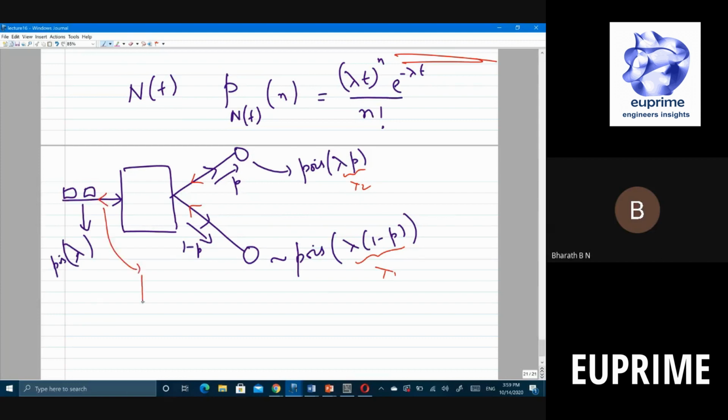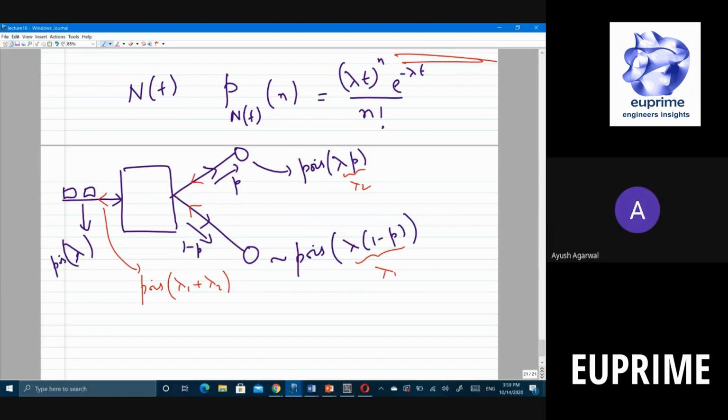This will be Poisson with rate lambda 1 plus lambda 2, the sum, provided both the arrivals are independent. It shouldn't be like 100 people here and there who talk to each other and go at the same time in both roads. Then it is not true. But if they are independent, then definitely it's true. This is another very interesting property about Poisson, which we will discuss in the next class.